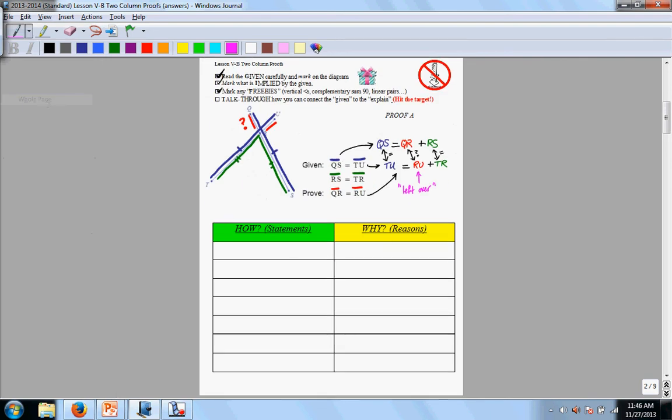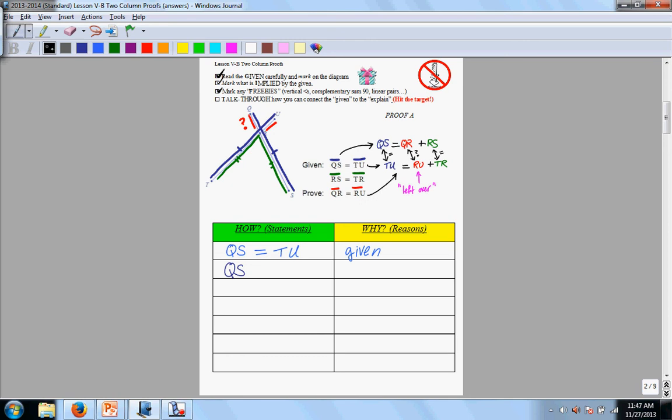Okay, so we're going to start with the fact that QS and TU are equal. And we know that because it is given. That's the big blue segments. And we also know that the big blue segments is made up of the two smaller segments. So I'm going to write this.